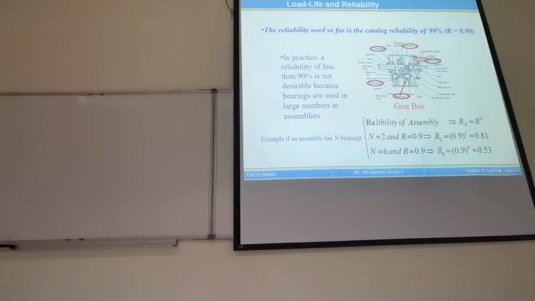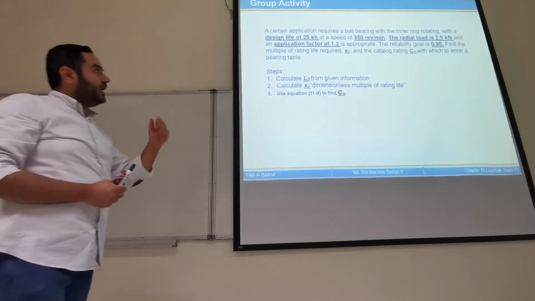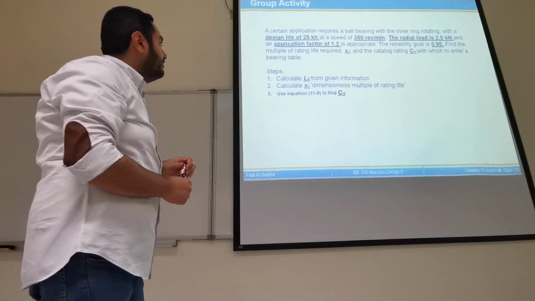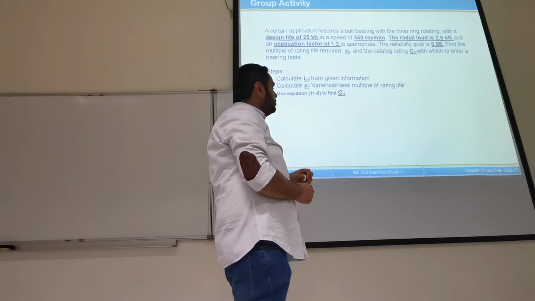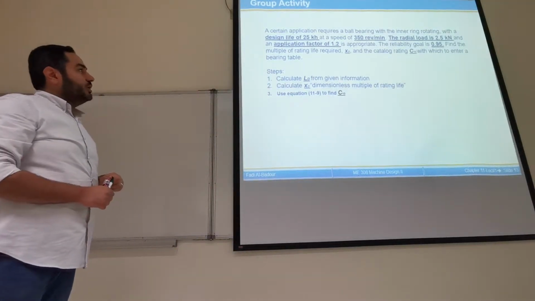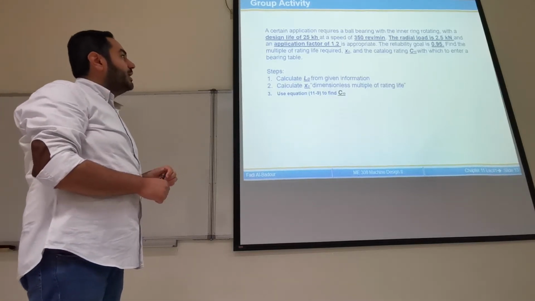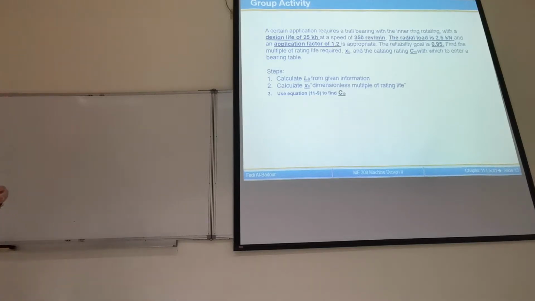Right. So this example is asking you to select a ball bearing with a design life of 25 kilo-hours, speed of 350 RPM. Radial load is given, and the application factor is given. Okay, and then now I'll show you from where you can look up the application factors. The reliability goal is 95%. He's asking you to select the bearing, so you need to calculate C10.